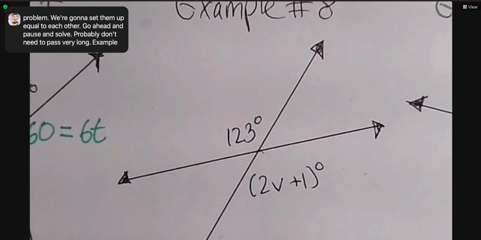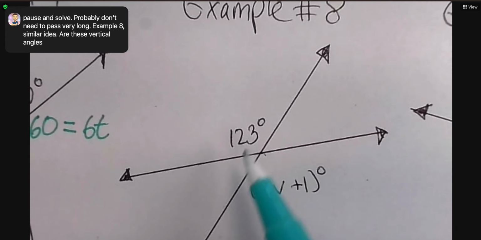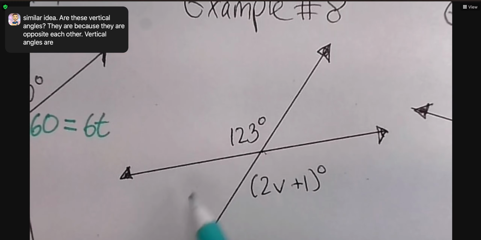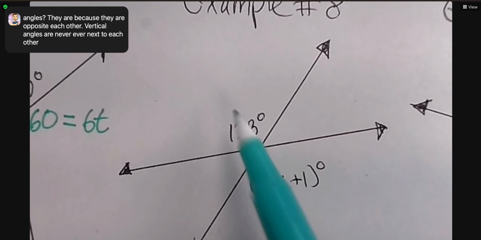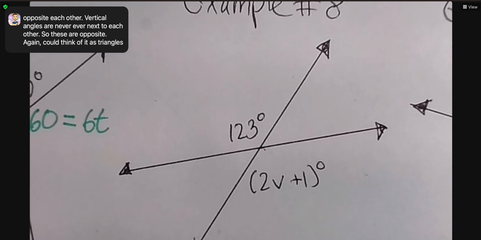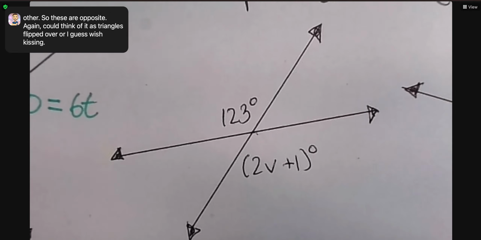Example 8, similar idea. Are these vertical angles? They are, because they are opposite each other. Vertical angles are never ever next to each other. So these are opposite. Again, you could think of it as triangles flipped over, or I guess fish kissing, if that's your preference.